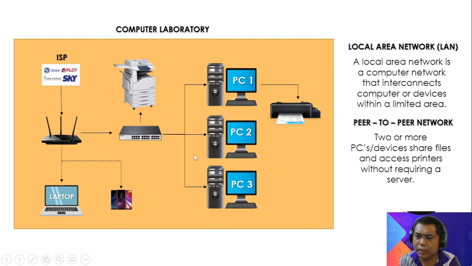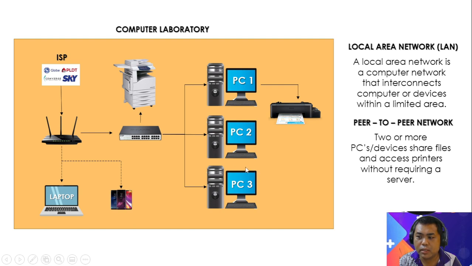What is a peer-to-peer network? A peer-to-peer network allows two or more PC devices to share files and access printers without requiring a server. All of the PCs here, the computer units here, can be a host PC.